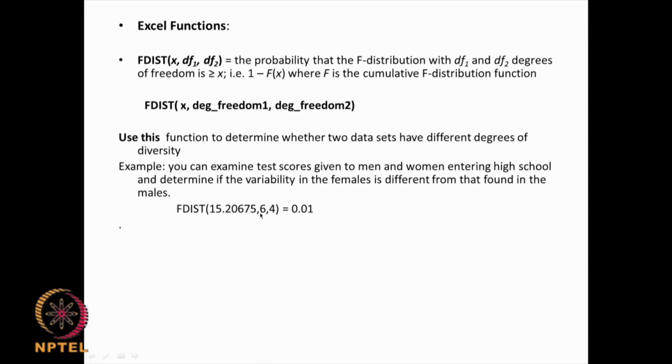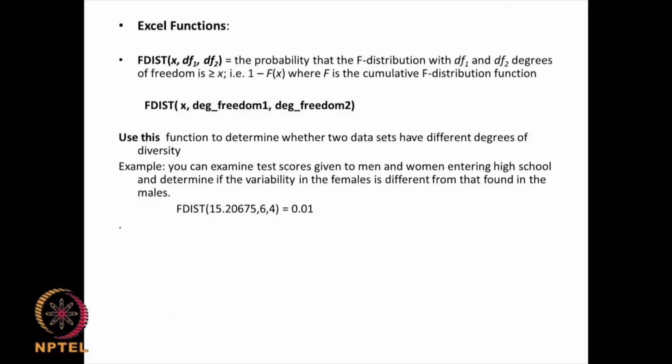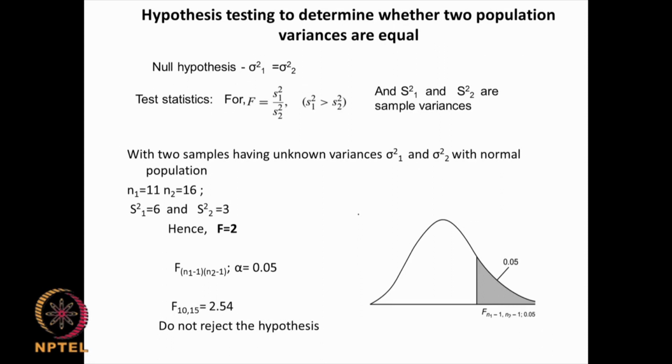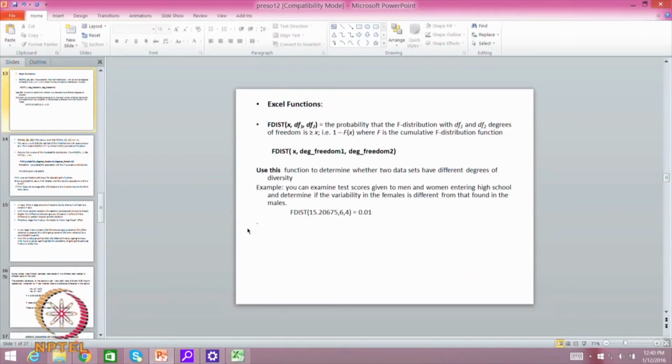So, we will give the F value, we will give the degrees of freedom, and it will give you the probability. For example, let us take this particular problem, it will be 2, 10 and 15. So, let us go to F distribution. I will show you in the Excel also.